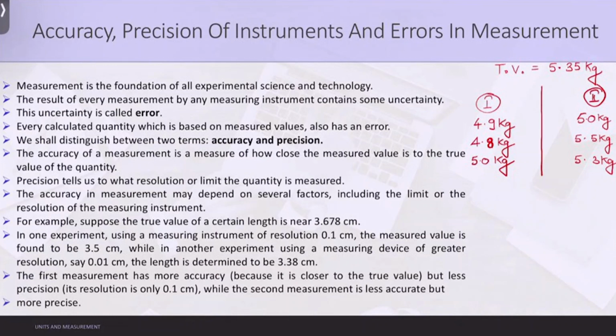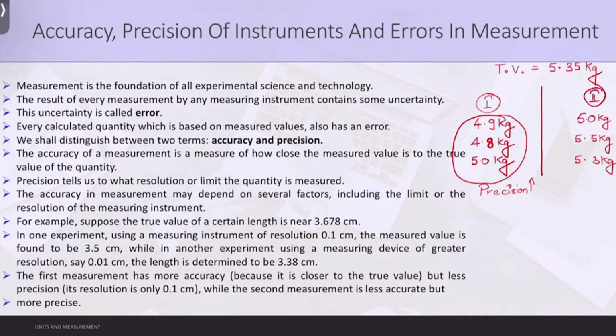It is quite evident that the results of the second test are much nearer to 5.35 kg. But you can see the variation is very high here, and the variation is very much less in the first test. It is just 0.1, whereas here it's 0.5, 0.3. The variation is much higher. Then we can say that the precision is high in the first test, because even though we are getting wrong answers, the precision is consistent.